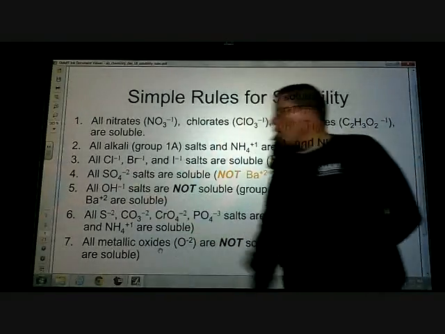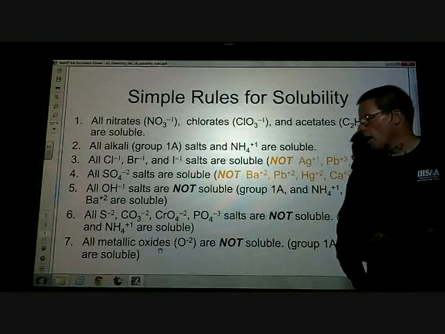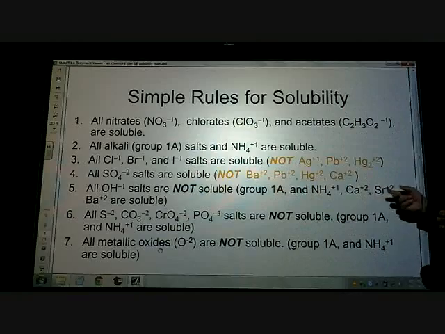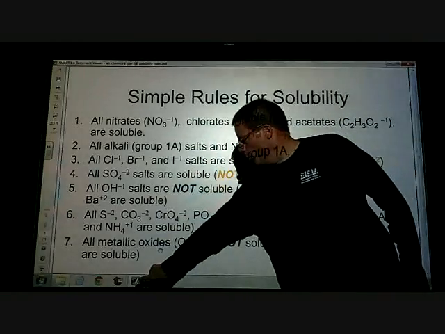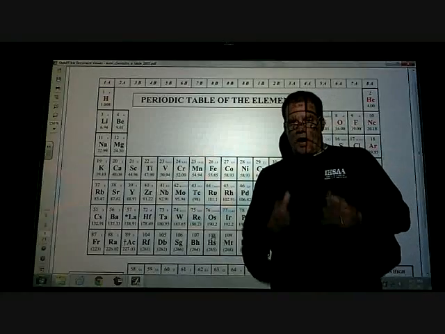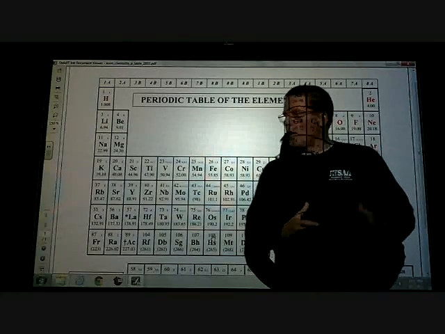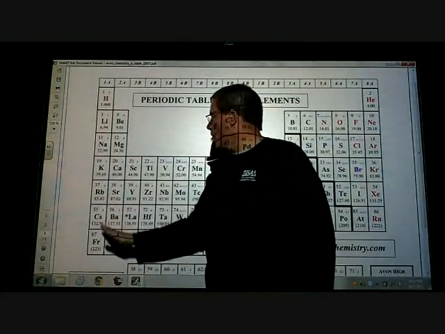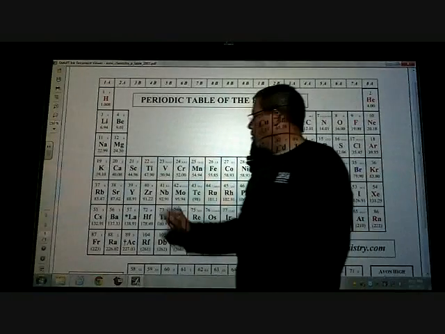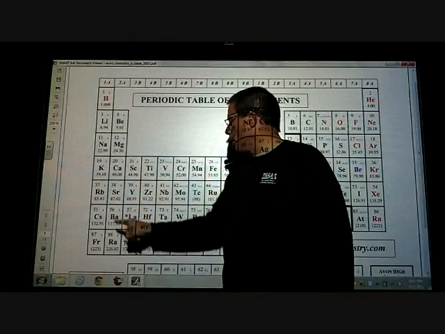Number 5, all hydroxide salts are not soluble except, and what this is saying is calcium, strontium, barium are soluble. Easier way to remember this, all hydroxides form a precipitate except with group 1A and calcium on down. Now, true, the rule only states calcium, strontium, and barium.